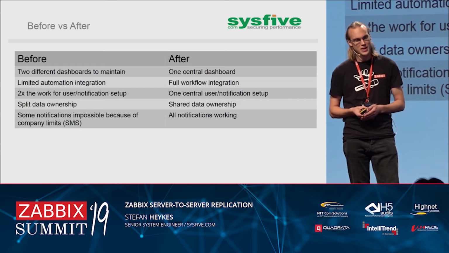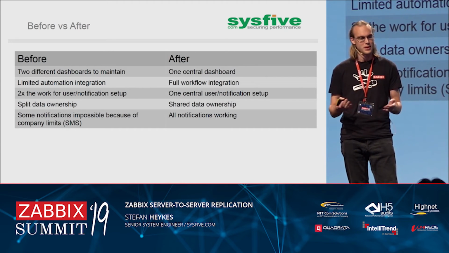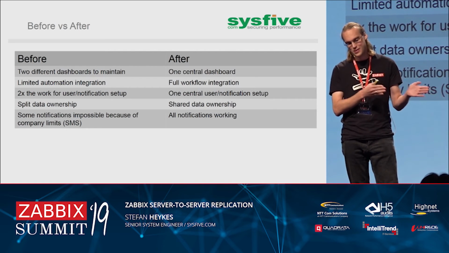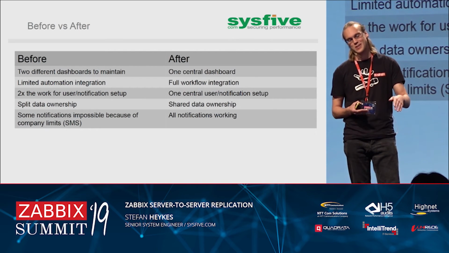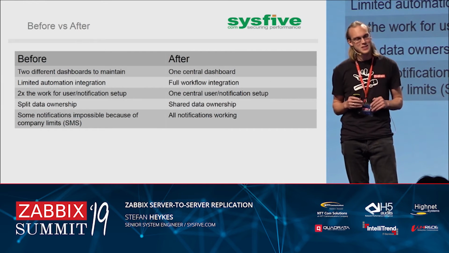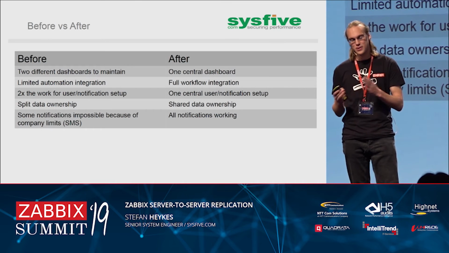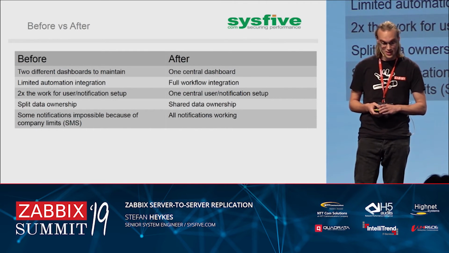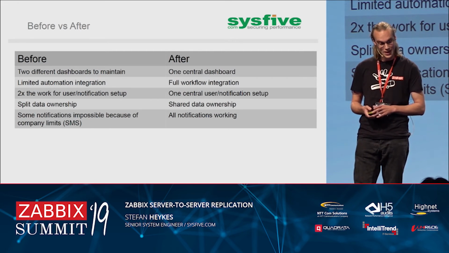If you had to maintain this on two servers, it would be extra work. You would have to think about automating this, but you have no access from one cloud environment to the other, as I said, firewalls in place, etc. You have only very limited access between the environments. Only this Zabbix replication port is basically open.